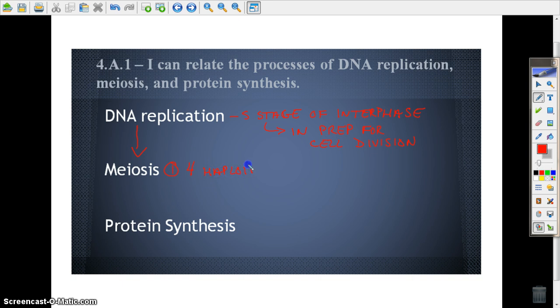So we're going to go through 2 divisions to get 4 haploid cells. Number 2, we want to make sure that as we go through those 2 divisions, the sex cells that are dividing have the chance for genetic variation. So we're going to create genetic variation.